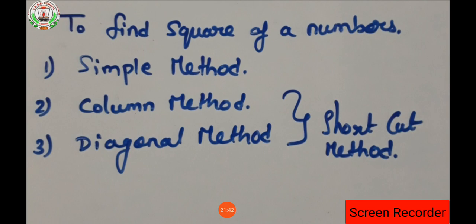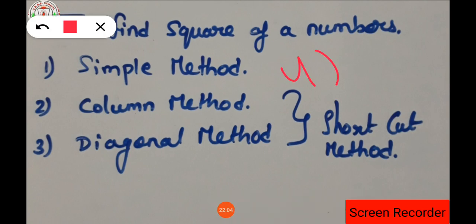Suppose we have a 3-digit, 4-digit or 5-digit number. It is very difficult to multiply it twice and see, isn't it? So for that we are going to use the column and diagonal methods. Have you understood everyone? Why are we using the column and diagonal methods?